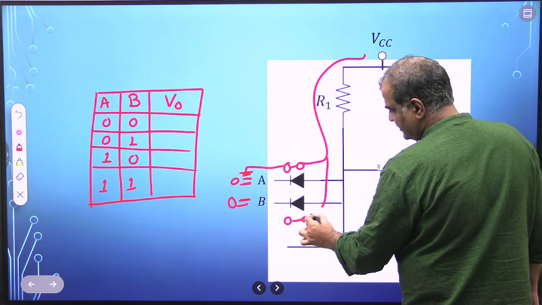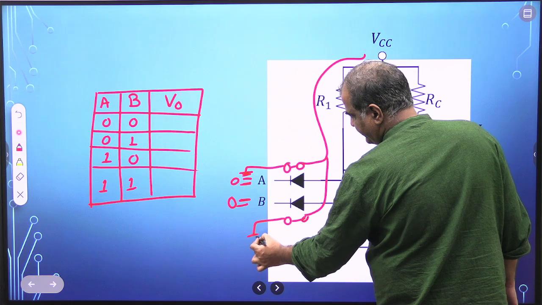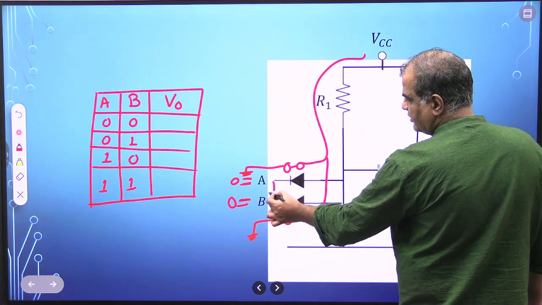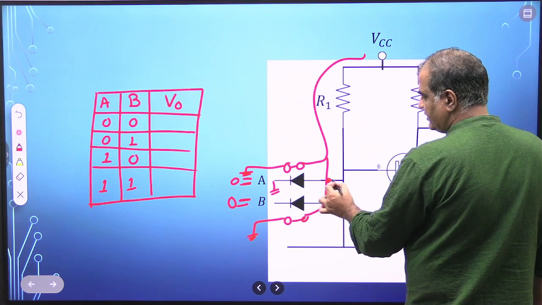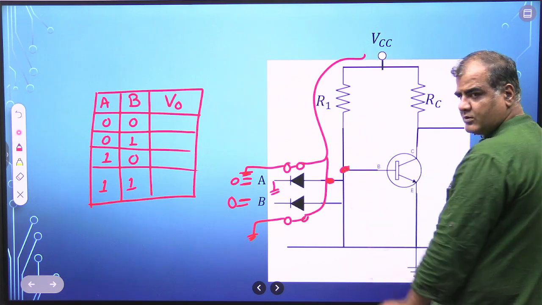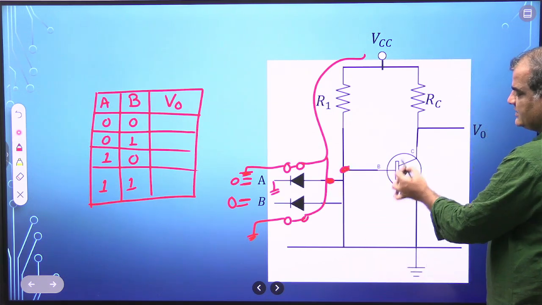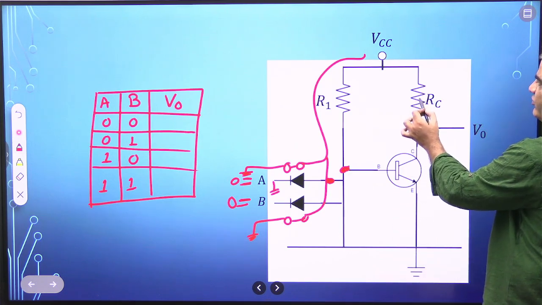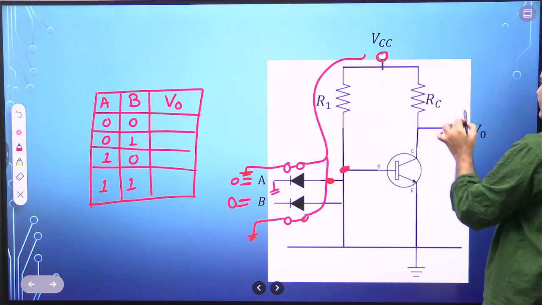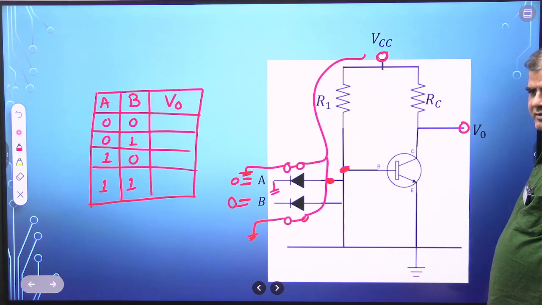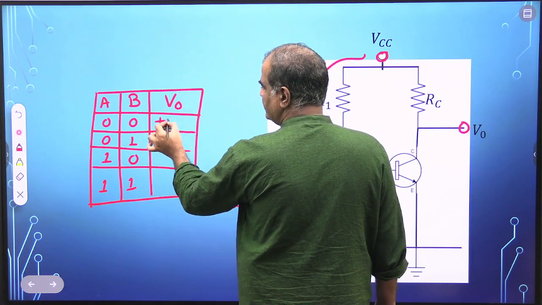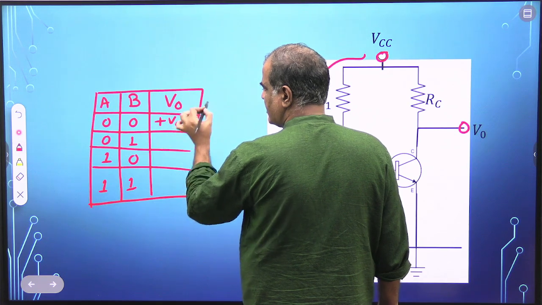This is a ground voltage coming here. This voltage becomes 0. This base becomes reverse bias, cutoff region. This current cannot flow. So this voltage high will come automatically here. So when both are 0, 0, the output is VCC, high voltage.